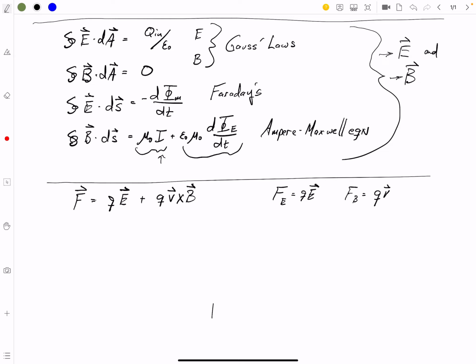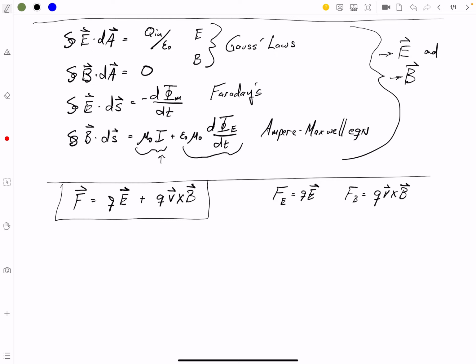All Lorentz did was say, this is one force, this is the other force, let's put them together and call it one force. And so Lorentz does that.